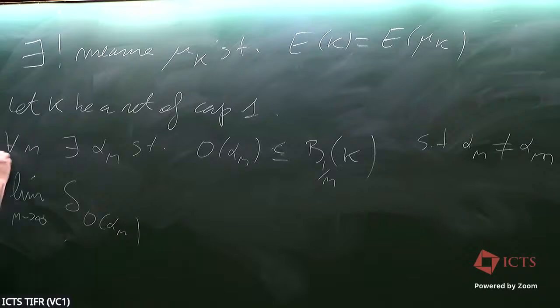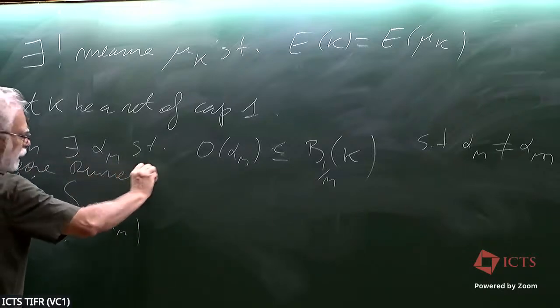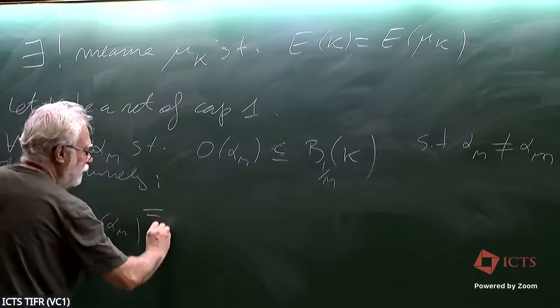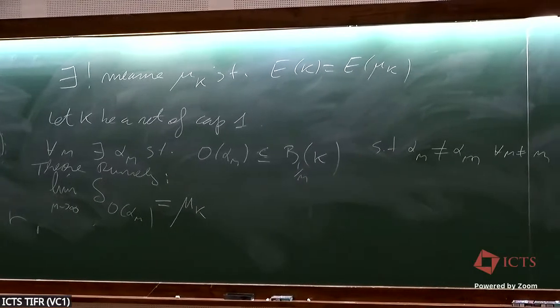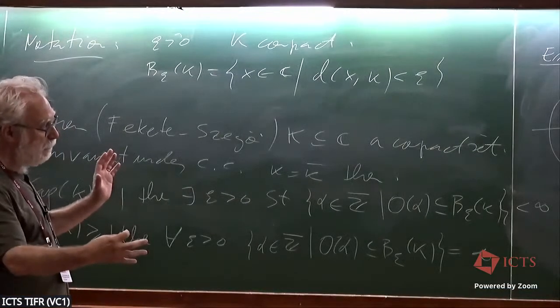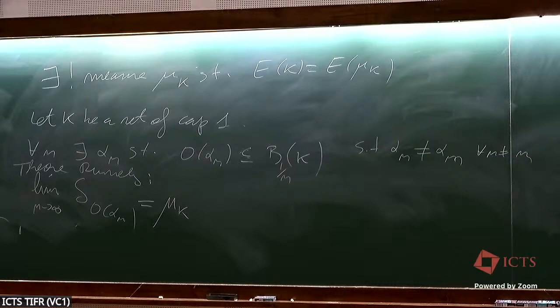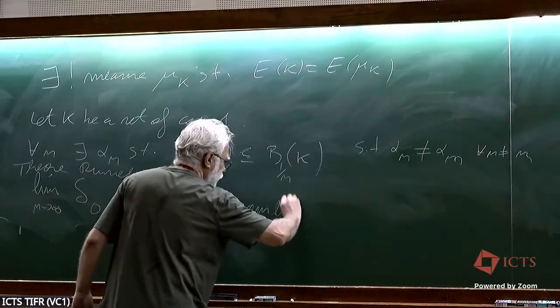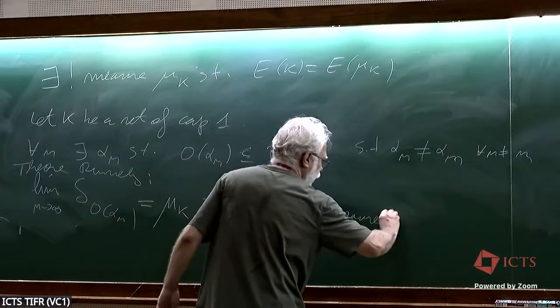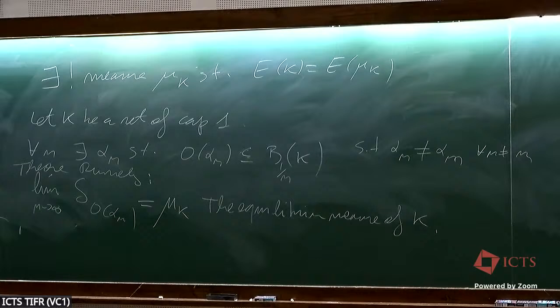And then there is a theorem by Rumely that tells me that this limit exists and is exactly this measure mu K. So if I have algebraic integers that are very close to my compact set K, then the Galois orbits of these integers converge exactly to what is called the equilibrium measure of K. This is a very nice blending of arithmetic with physics and analysis, where in some sense you can predict the shape of the Galois orbits of the integers that are inside the set, and they will converge to the equilibrium measure.